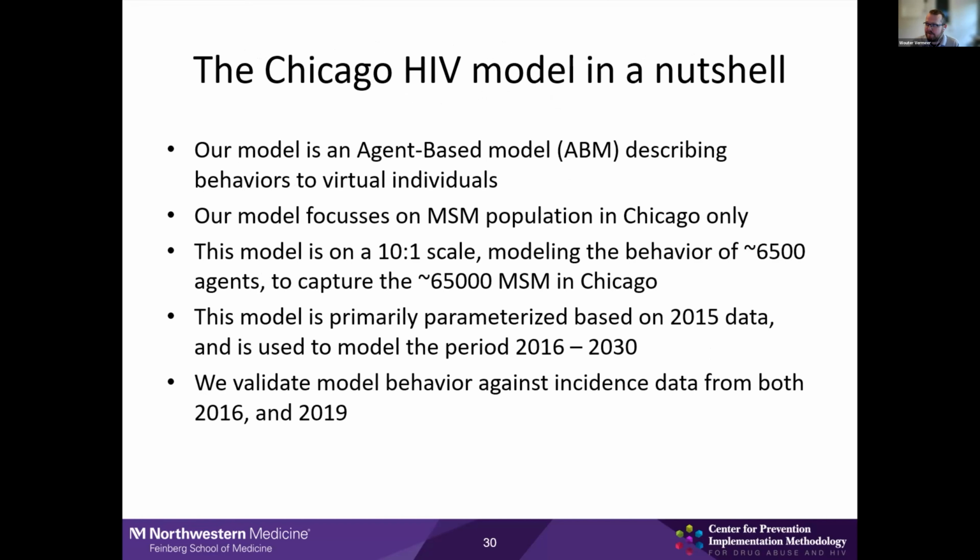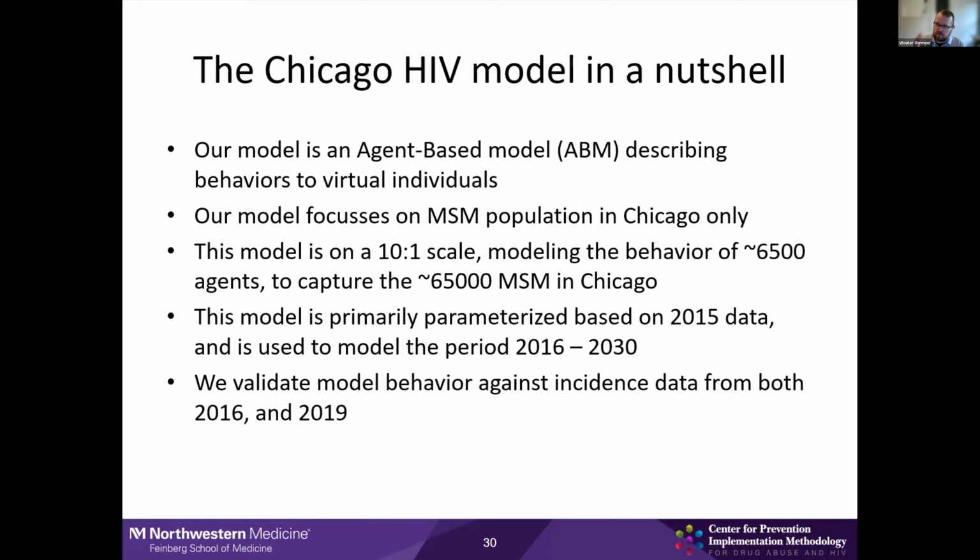So what we did to support this project was we built an agent-based model. An agent-based model is a simulation model in which behaviors of individuals are represented in a computer simulation model. This specific model here focuses on the men who have sex with men in Chicago, as that's the predominant population in which new incidence cases of HIV occur.